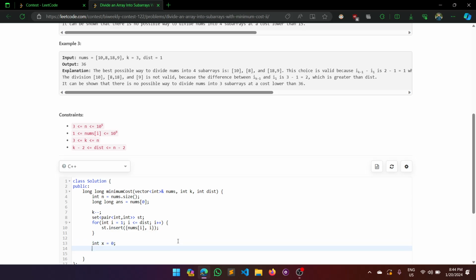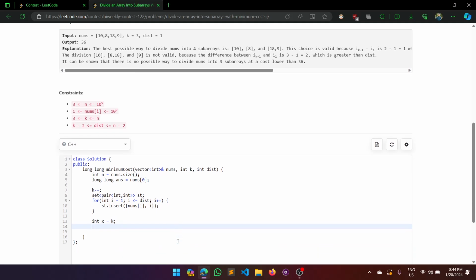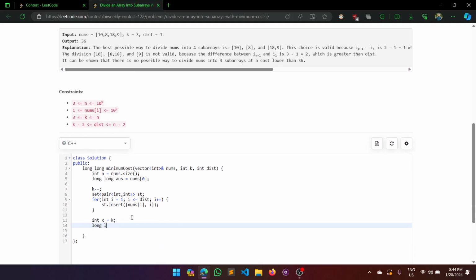Now we'll try to take the sum of the first x elements, right? Yeah, we'll have a separate variable for min.